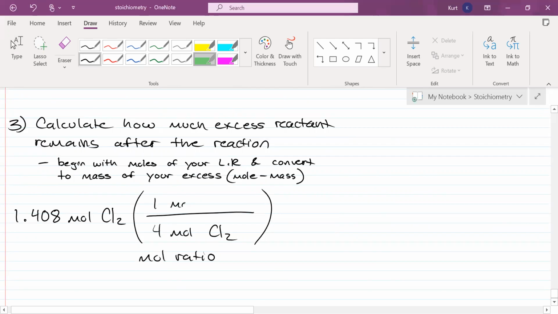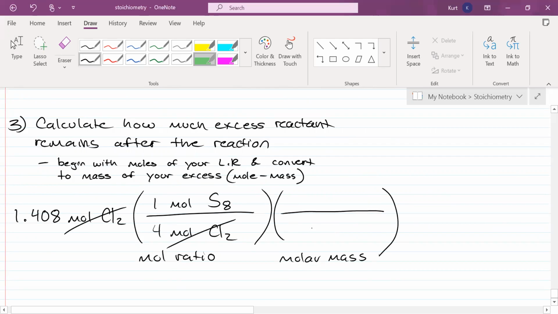We have 1 mole of our excess reactant. And now we're going to convert the moles of our excess to our mass. So 1 mole of S8 is equal to, let's see, 32.1 times 8 is 256.8.